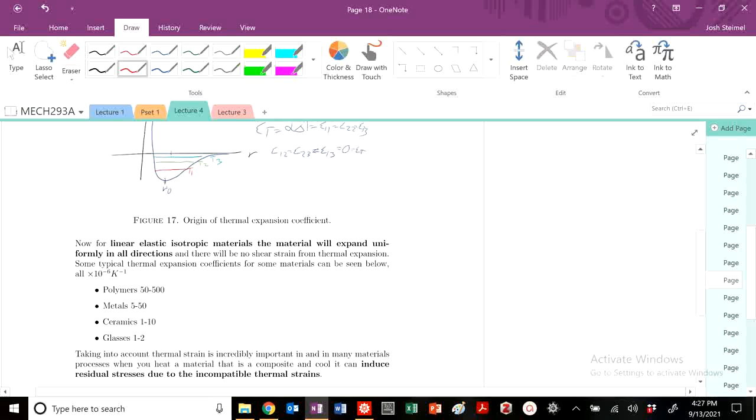So if I'm looking at R naught, why would I want to occupy these high energy positions here, if I'm oscillating, when I can occupy these low energy positions right around here? So I can occupy all of these low energy positions. If I vibrate more in this direction, I'm going to be higher in energy than over here.